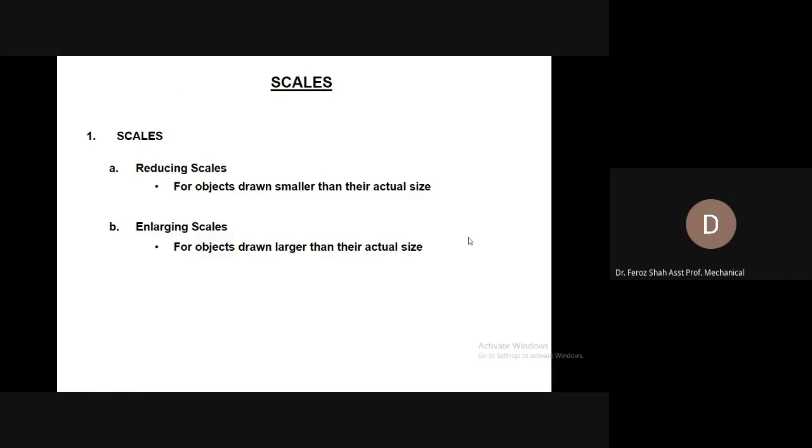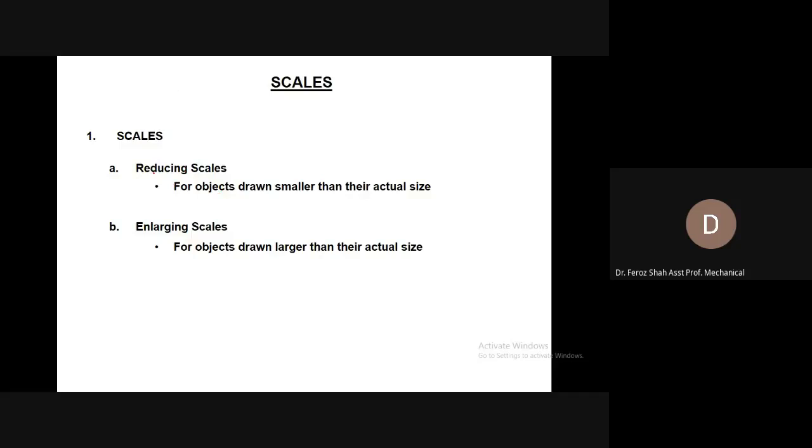So, to make it convenient to be drawn over your drawing area, the objects must be drawn smaller than their actual sizes, or they may be drawn larger than their actual sizes if their sizes are very small.